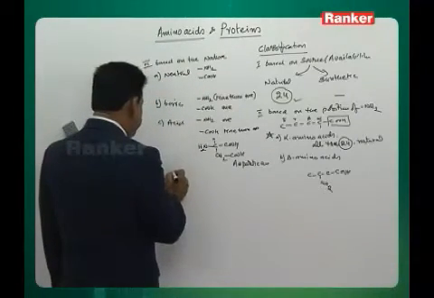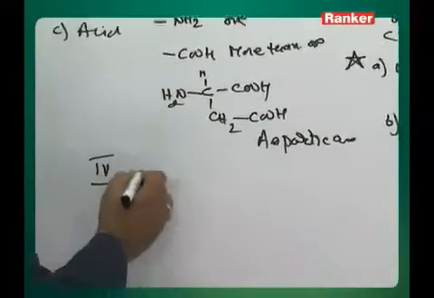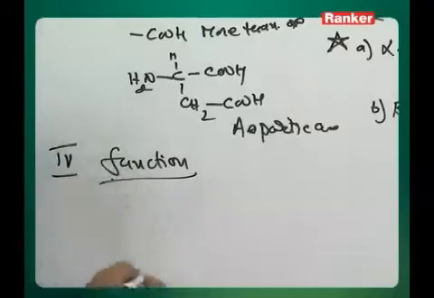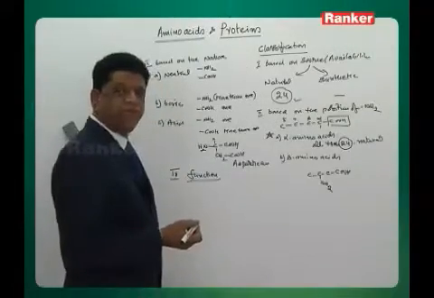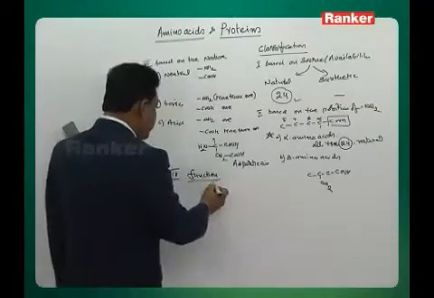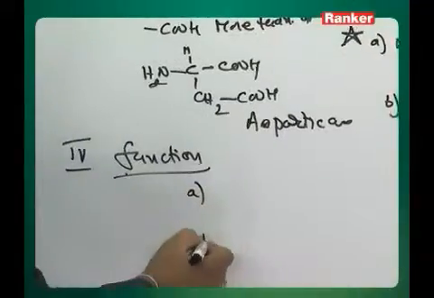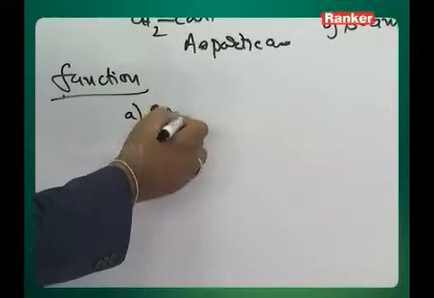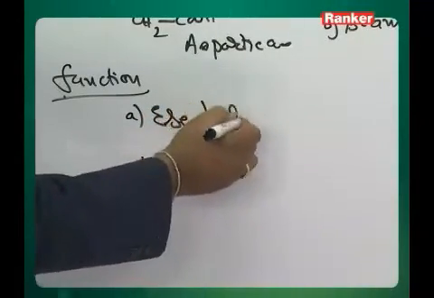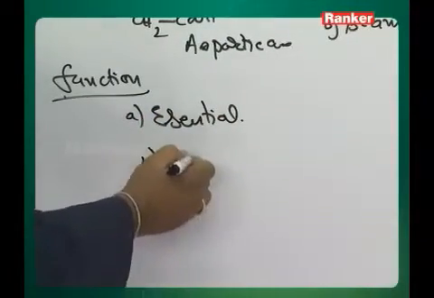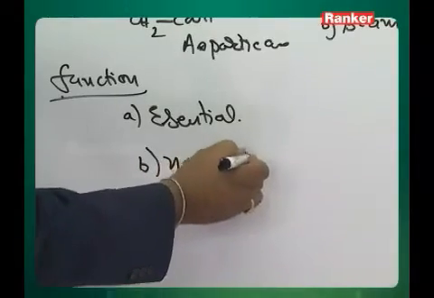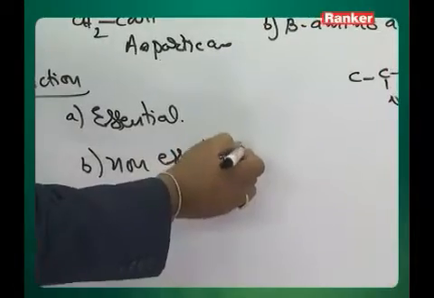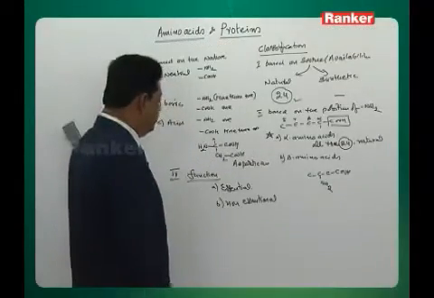Similarly, the fourth type of classification is based on the function of the amino acid. In the body, specifically referring to the human body, they are classified into two types, essential and non-essential.